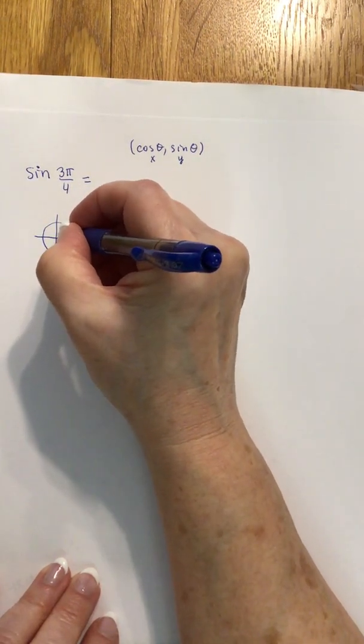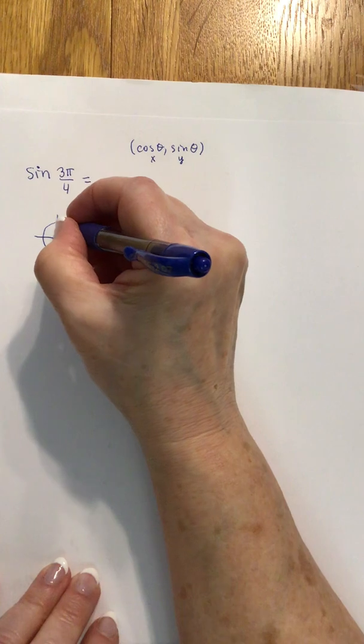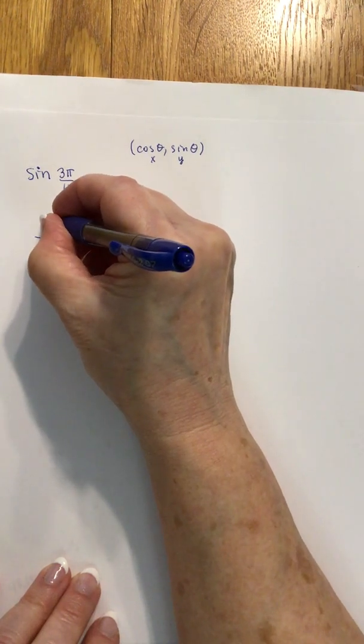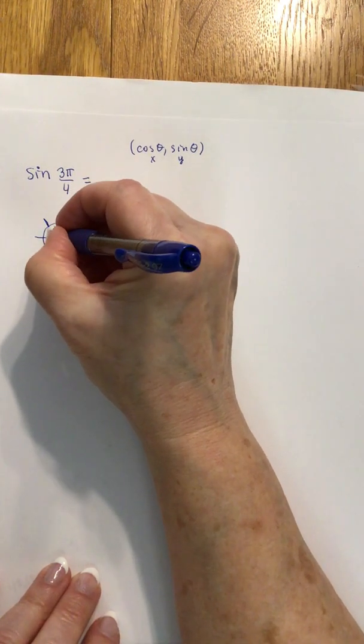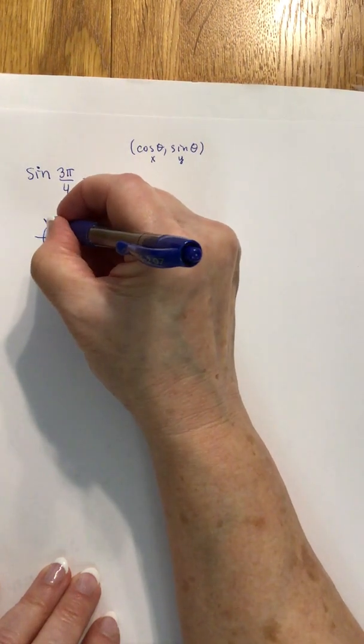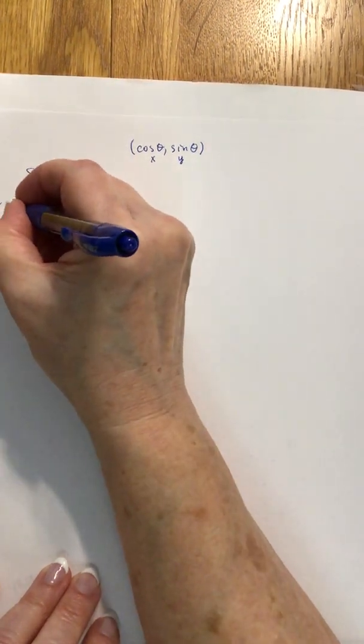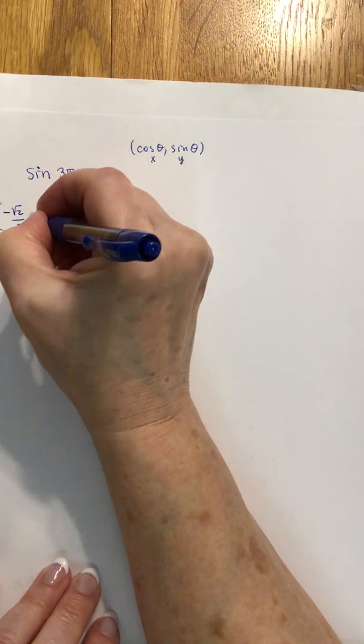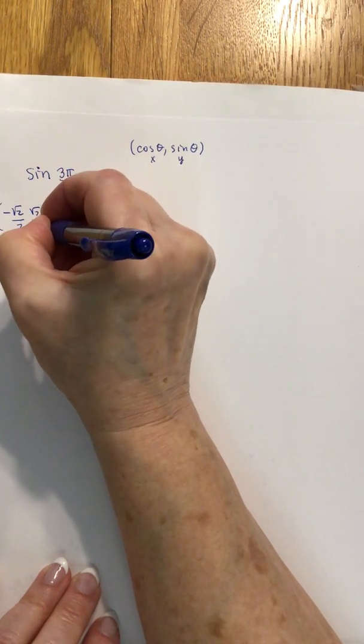So 3 pi over 4, 1, 2, 3 pi over 4 would be here. We know that since it's a pi over 4, the ordered pair is going to give us negative square root of 2 over 2, comma, square root of 2 over 2.